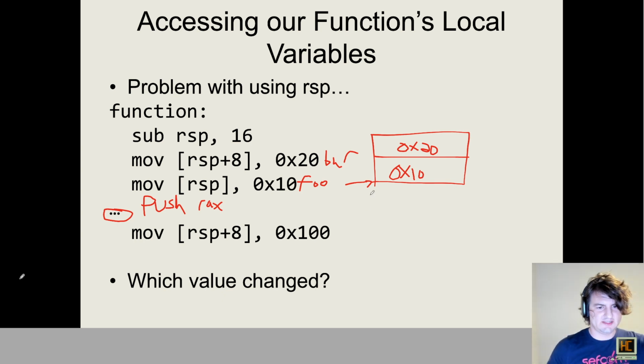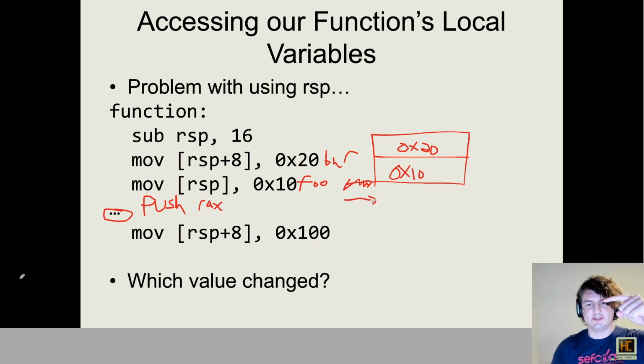How many values down? How is the value of the stack pointer going to change after this? It'll shift down the size of the register. No, it doesn't change RAX. It implicitly changes the stack pointer.